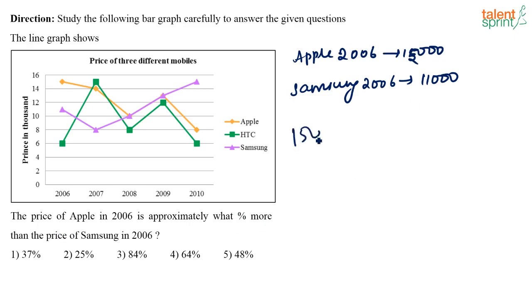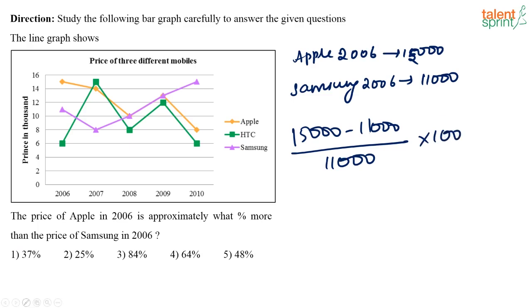The answer that you are looking for is nothing but 15,000 minus 11,000 divided by 11,000, than price of Samsung. So Samsung should come in the denominator, into 100. This is what you have to do. Instead of putting 15,000, you can directly take it as 15 minus 11 by 11 into 100 also, because anyway the thousands are going to get cancelled.